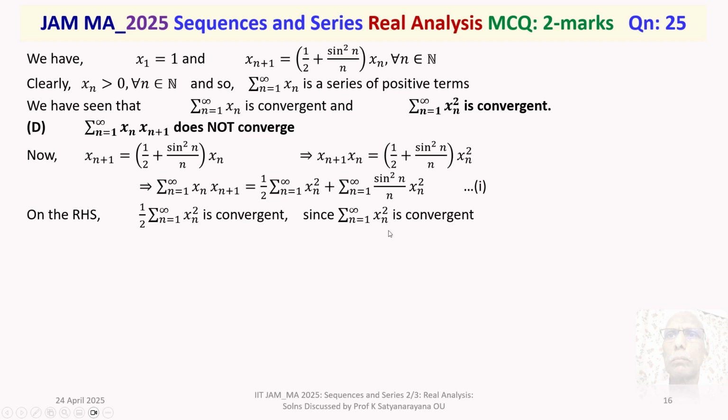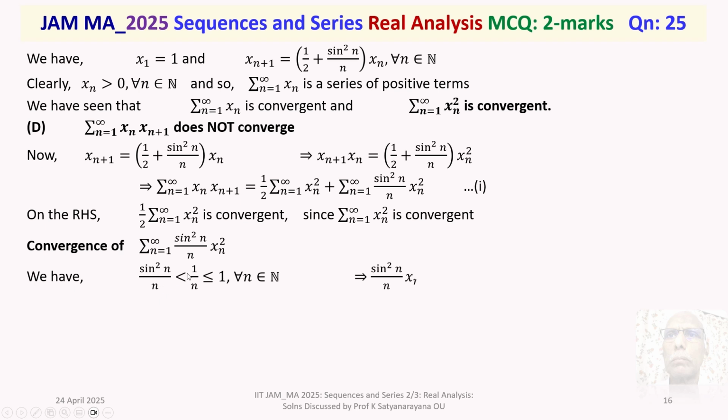What about the second one? Convergence of the series sigma n equal to 1 to infinity sine square n by n xn square. Now, let us take sine square n by n. This is strictly less than or equal to 1 by n, which is less than or equal to 1 for all n belongs to N. Yes, sine square n, the maximum value will be 1. Multiply throughout by xn square.